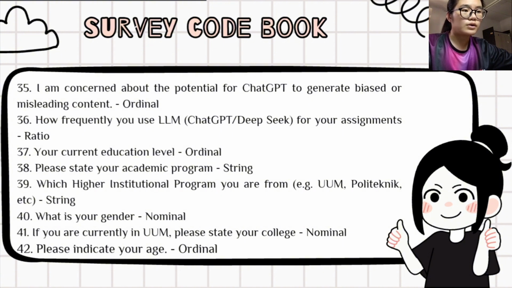And for question 41, it is in nominal, that we can choose College of Arts and Science, College of Business, or College of Law, Government, International Studies. And the last question 42, we need to choose our age. It is in ordinal form. So there are 3 options, that is 18 to 20, 21 to 23, 24 to 26.